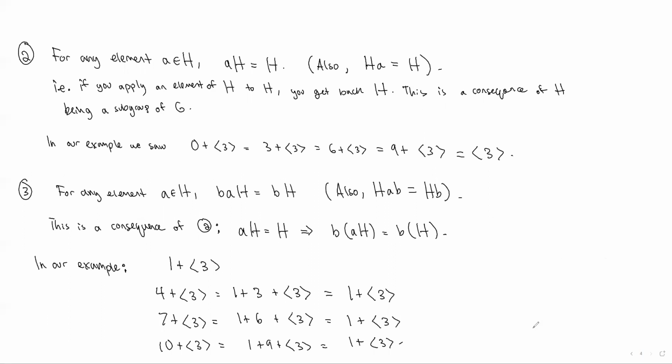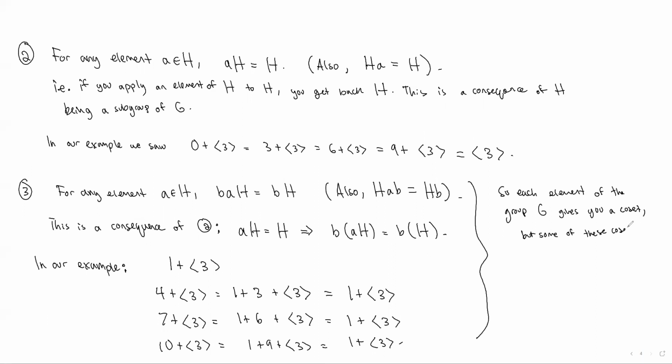So that's something we saw. And I'll write what I just said in words. Each element of the group G gives you a coset, but some of these cosets are equal.